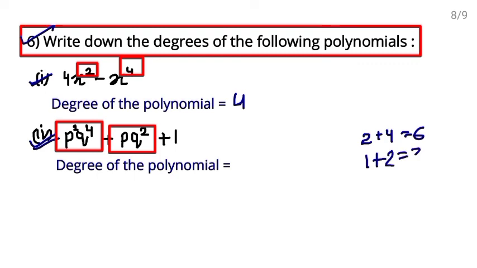So this is 3. And third term does not have variable. It means there is power 0 of p and q, right? So the greatest one is 6. So this is the degree of this polynomial.